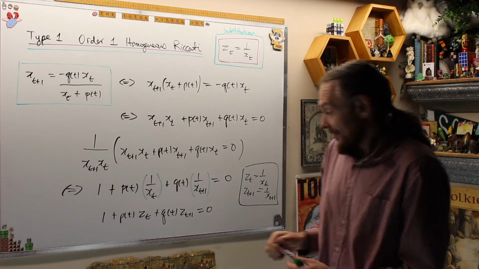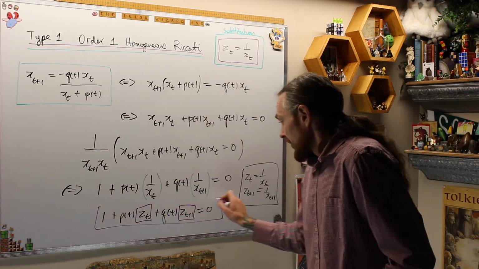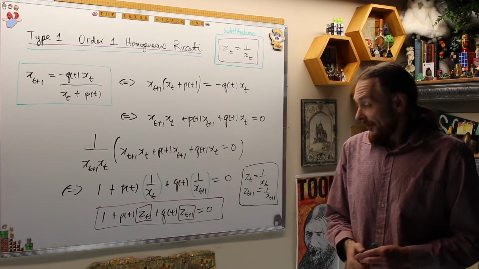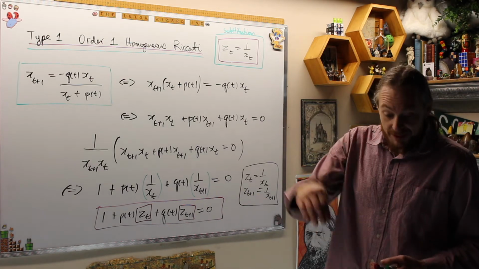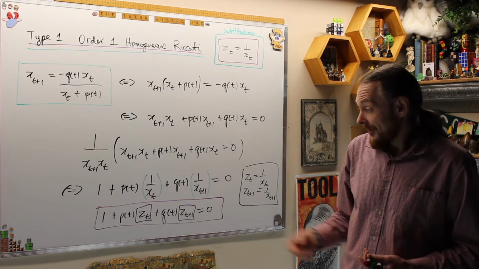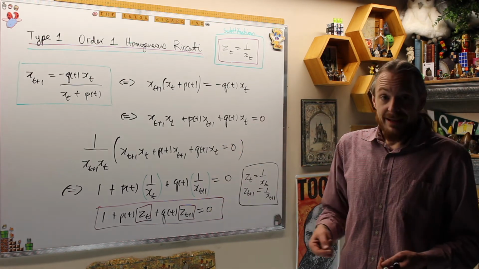And this is now linear, first order in z_t. Now I can use the techniques of the previous videos to systematically solve this linear equation for z_t, and then we can back substitute the x_t's.